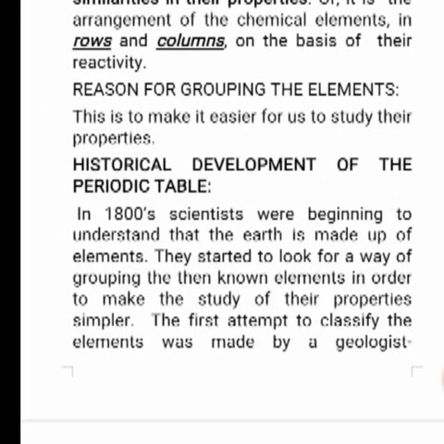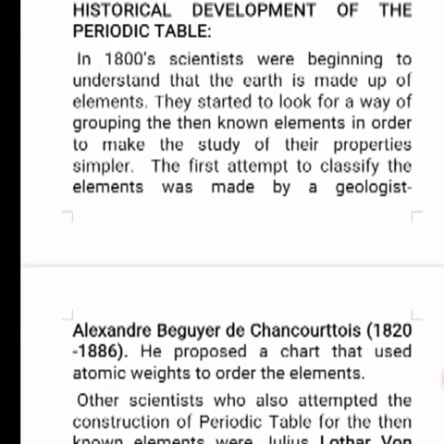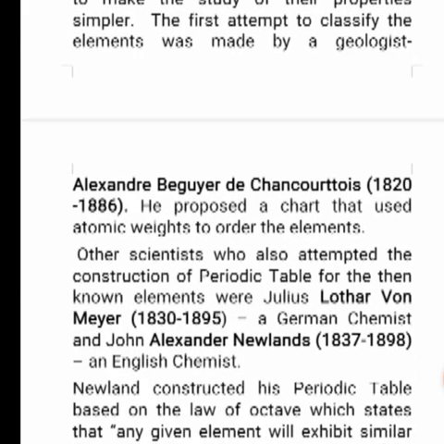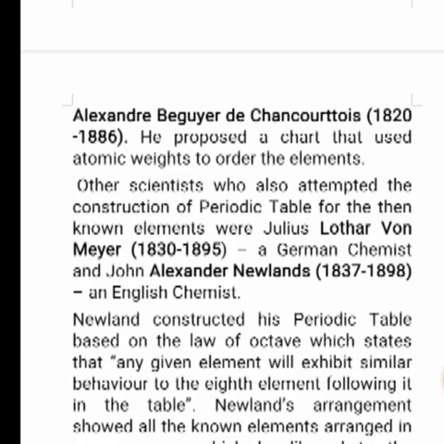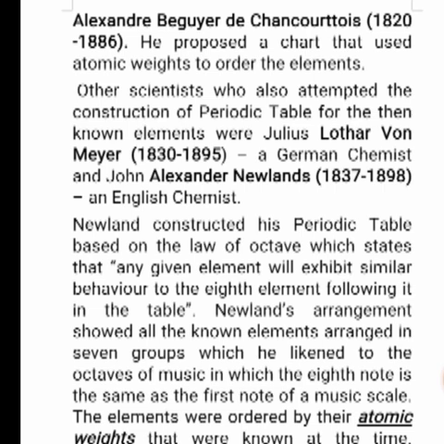The first attempt to classify the elements was made by a geologist, Alexandre-Émile Béguyer de Chancourtois, who lived between 1820 and 1886. He proposed a chart that used atomic weight to order the elements.